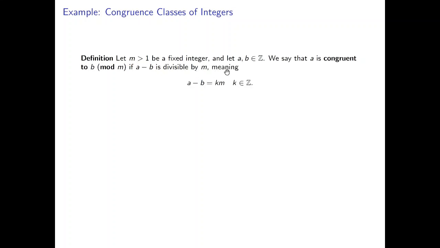In terms of formulas, that means that A will be congruent to B mod m if A minus B is equal to k times m for some integer k. This is one particular way of defining some kind of congruence or equivalence between integers that turns out to be very useful for reasons you'll see in the future if you take more math classes or computer science classes, or maybe you have seen this before, depending on your background.